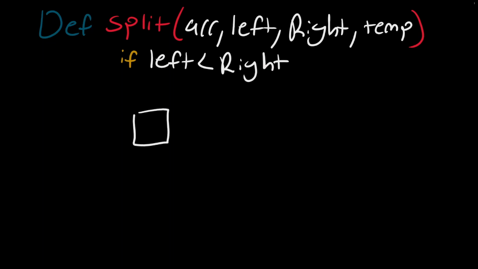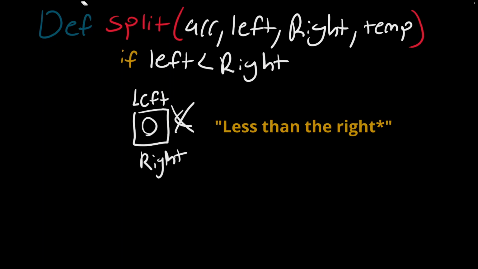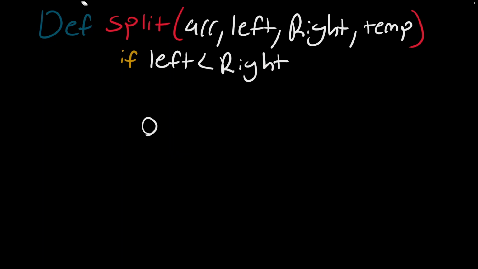This is that case where we had one block with one element in it, where the left and right bounds are right on top of each other. So the left is no longer less than the right, and we can no longer split any further. That is going to be our base case.